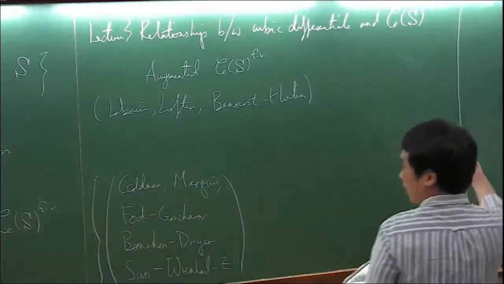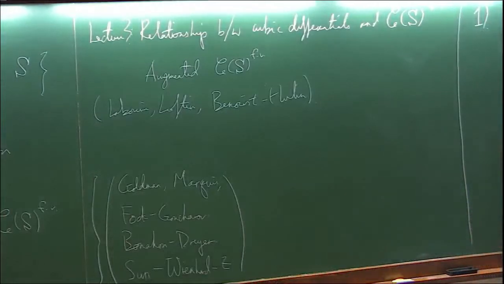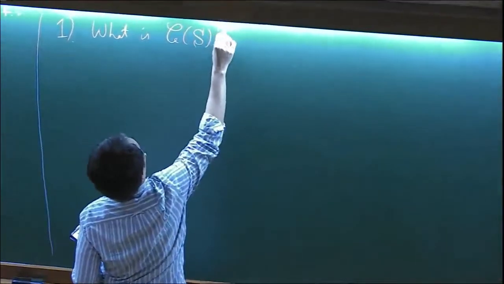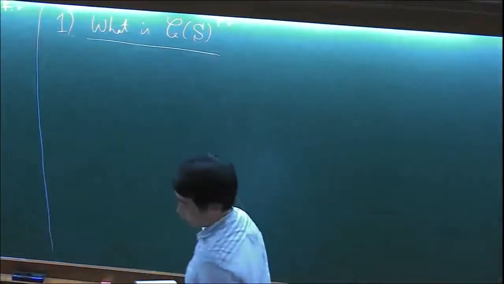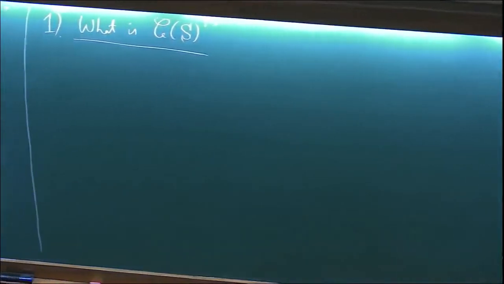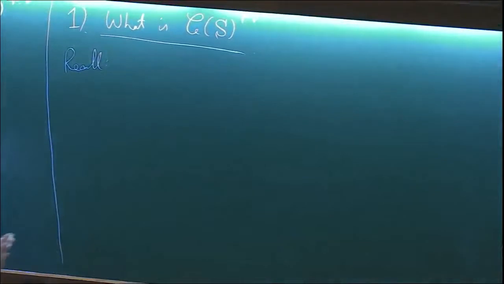So let's get to our plan today. We want to describe what C(S) FV is. Before we even talk about convex projective surfaces, let me recall some basic facts about RP2, just to make sure that everyone's on the same page.